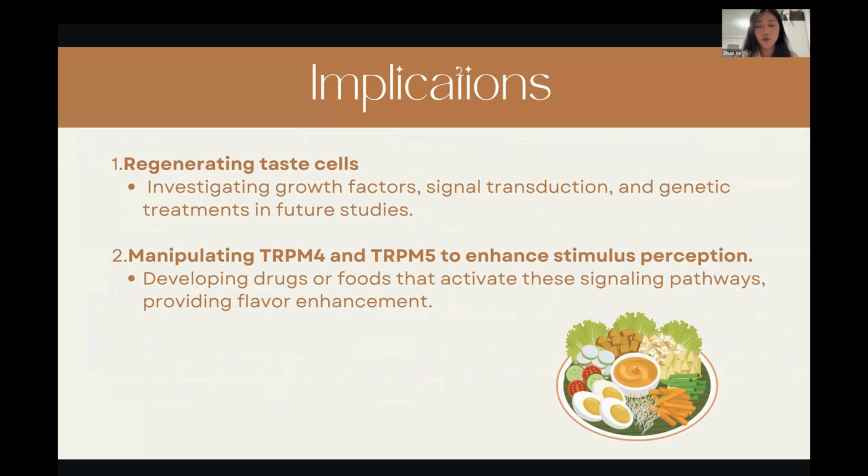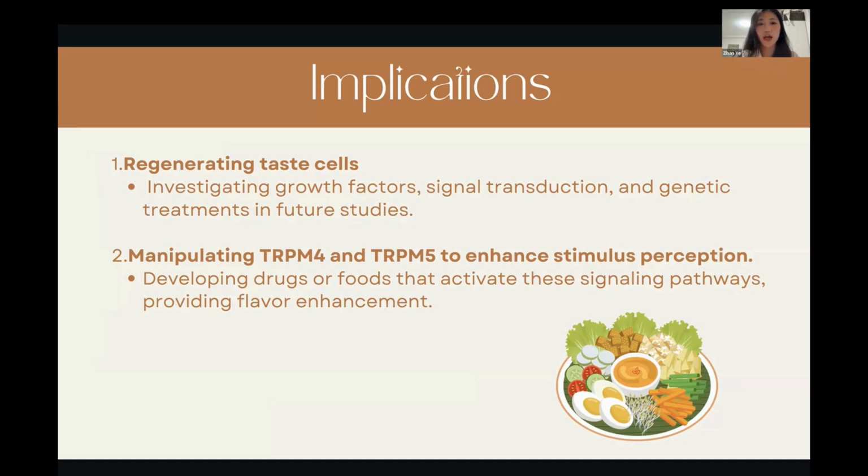So regenerating taste cells and manipulating taste cells can make people have more appetite and help the elderly with eating better and flavor enhancement. The next topic of research is to manipulate TRPM4 and TRPM5 to enhance stimulus perception. So instead of manipulating the taste cells, they can develop drugs or foods that activate these signaling pathways to provide flavor enhancement.